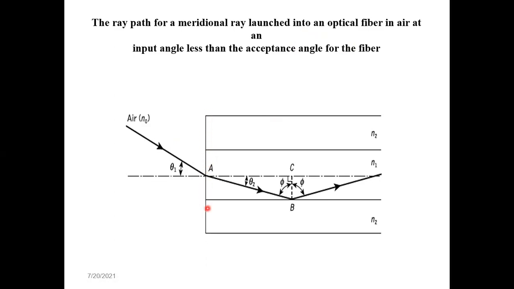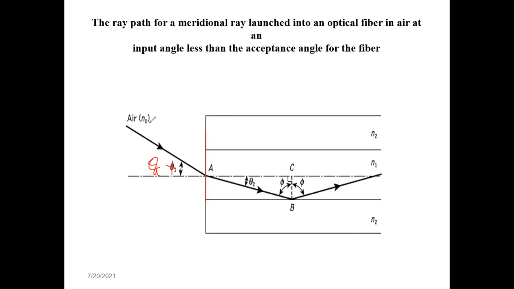So assuming the entrance face of the fiber to be normal to the axis, and using Snell's law, can you write down that equation? Write the Snell's law at this particular point, this is my normal.